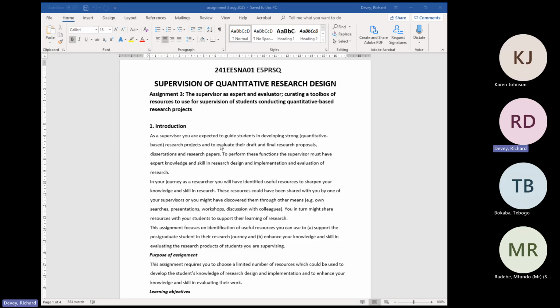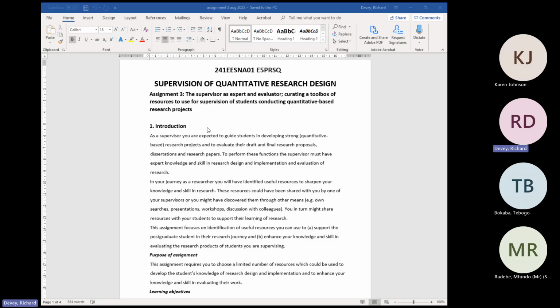So this assignment is asking you, you might have some tools already that you use, so you could integrate those into this assignment. And as we go through the module, you might find tools that you think are going to be useful for students to use in their development as quantitative researchers. So that's what this assignment is about.